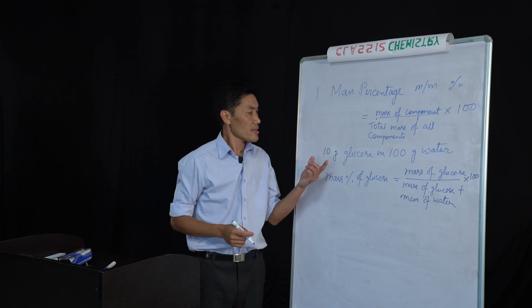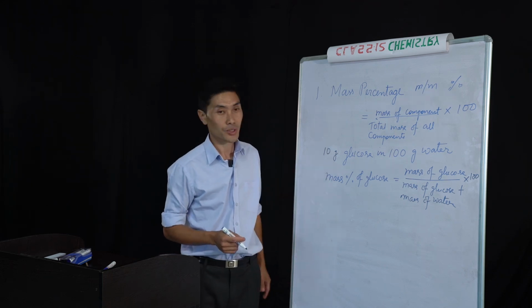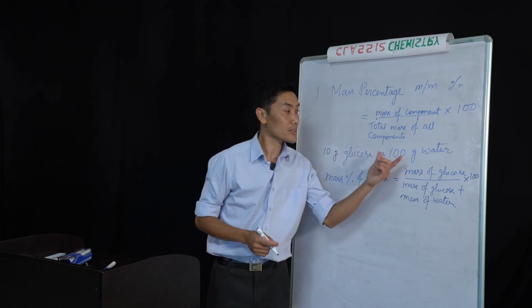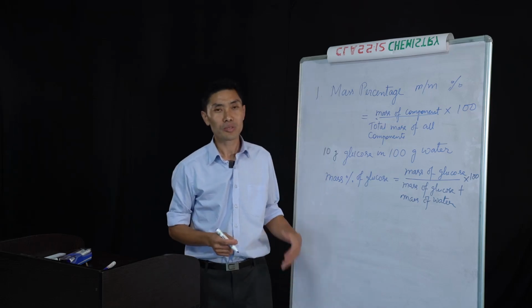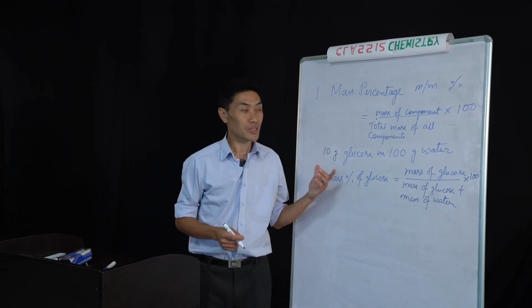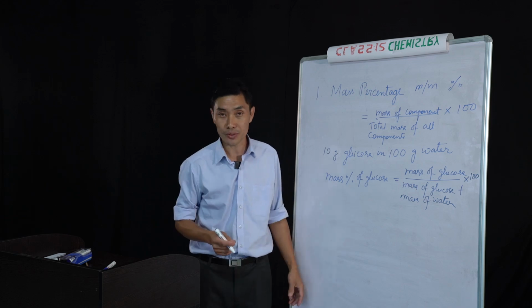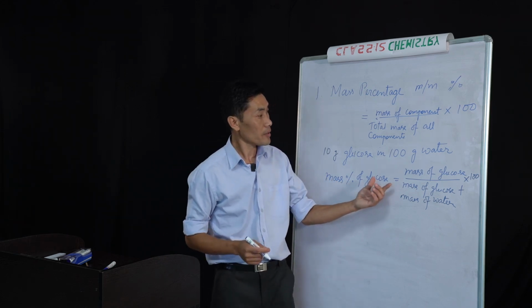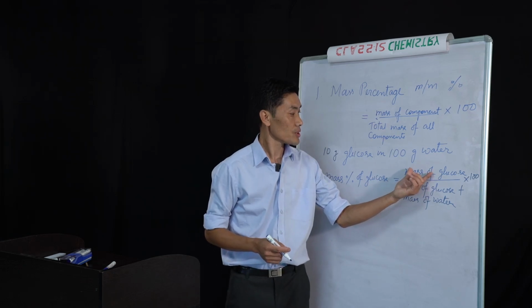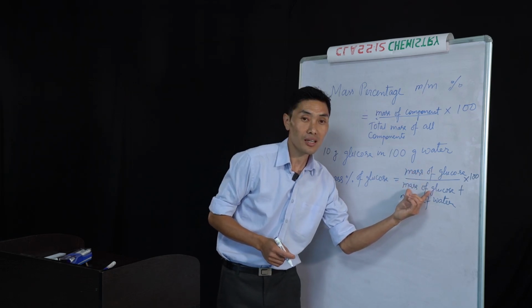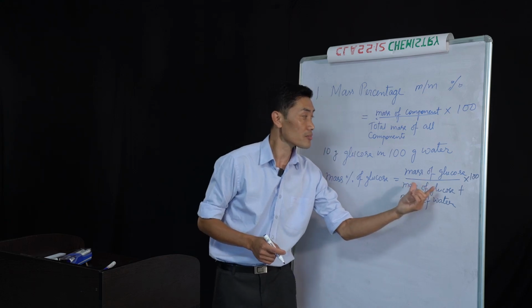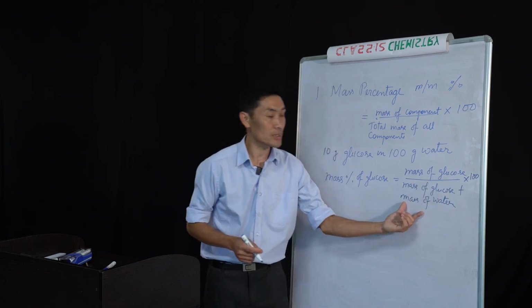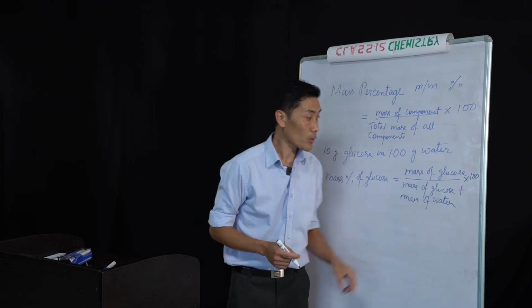So if we have 10 grams of glucose dissolved in 100 grams of water, what will be the mass percentage of glucose in this solution? Mass percentage of glucose will be given by mass of glucose divided by total mass of all the components, so mass of glucose plus mass of water, multiplied by 100.